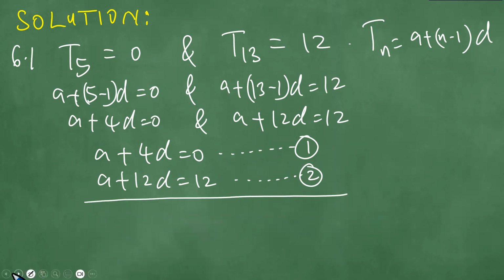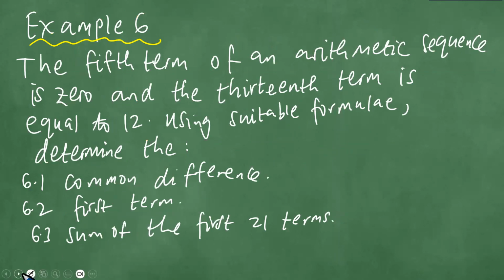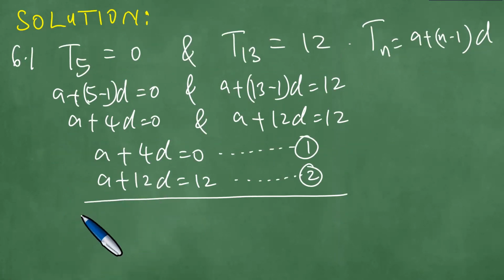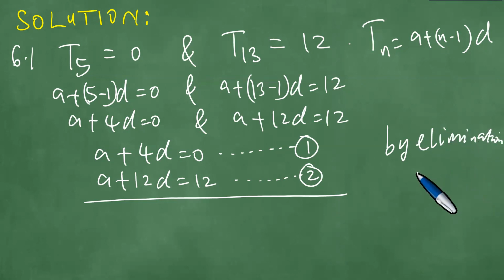The first question is looking for the common difference, so we must use elimination. What's elimination? When you speak about elimination, it is removal. We eliminate a because we remove a from the equations.